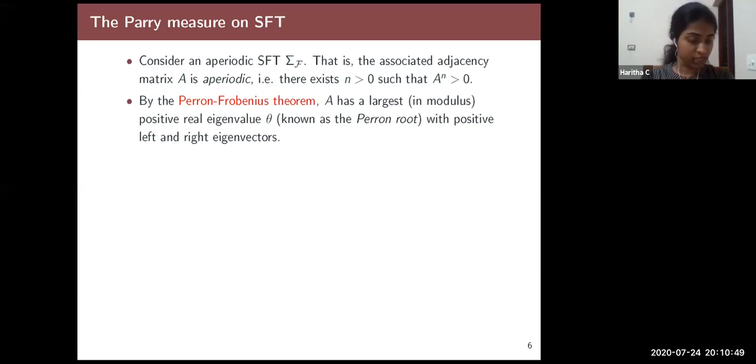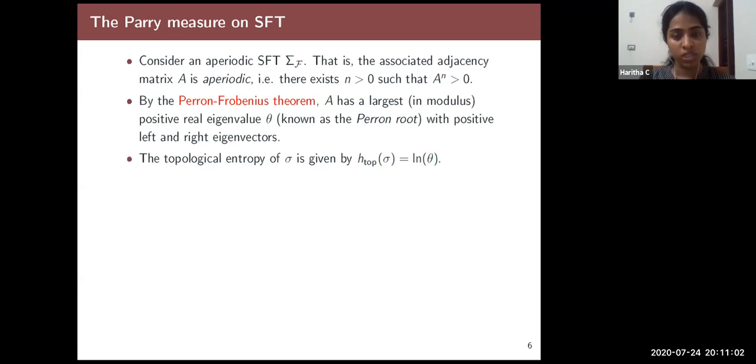Once you have aperiodicity, then by the Perron-Frobenius theorem, A has a largest positive real eigenvalue theta, which is called the Perron root, with positive left and right eigenvectors. And the topological entropy of sigma is given by ln of this Perron root.